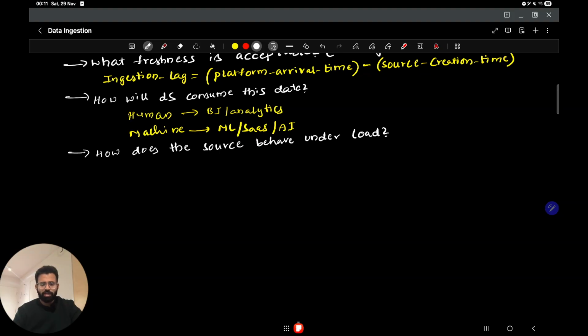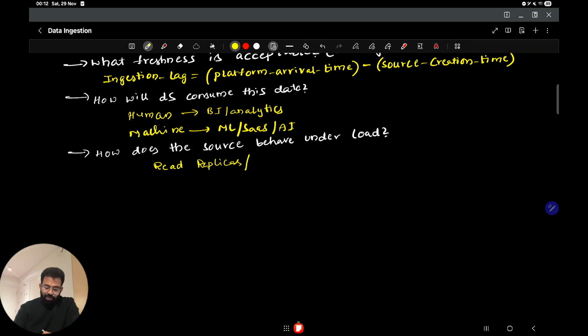Most often, what ends up happening is that most data platforms don't even get direct access to the source system. Most of the time they will get access to some kind of replicas. A replica will have the same kind of data as the source system, but it's just a replica, not your main system.